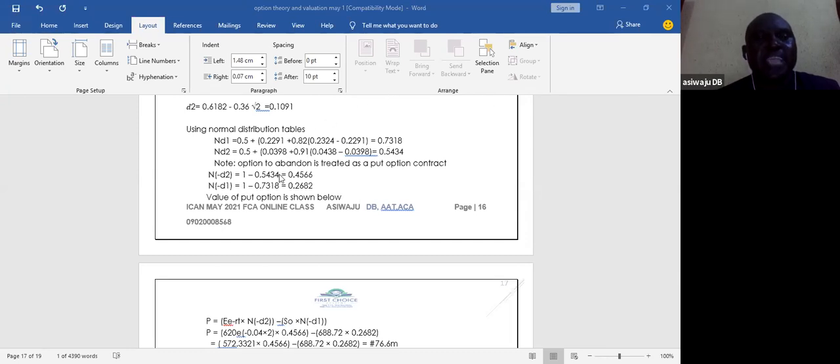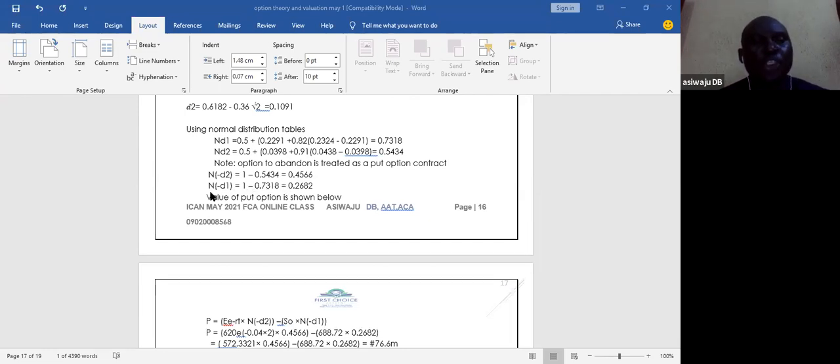We have computed our ND2 as 0.5434. So just 1 minus your ND2 will give you 0.4566. You can check it from a calculator.